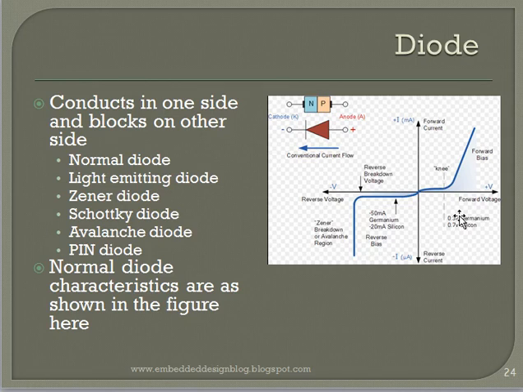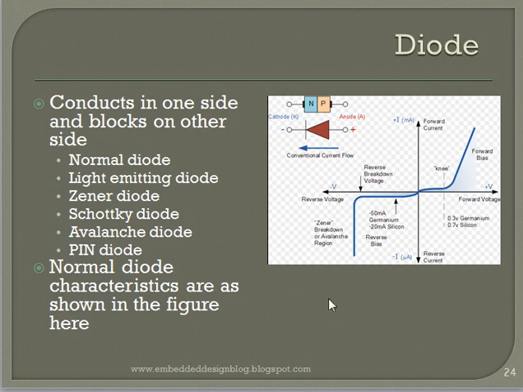The composition and materials used for the other diodes like light emitting, Zener, Schottky and others are totally different from the normal diode. We will discuss them when we go into the depth of these devices. Right now we will restrict our discussion to the normal diode.